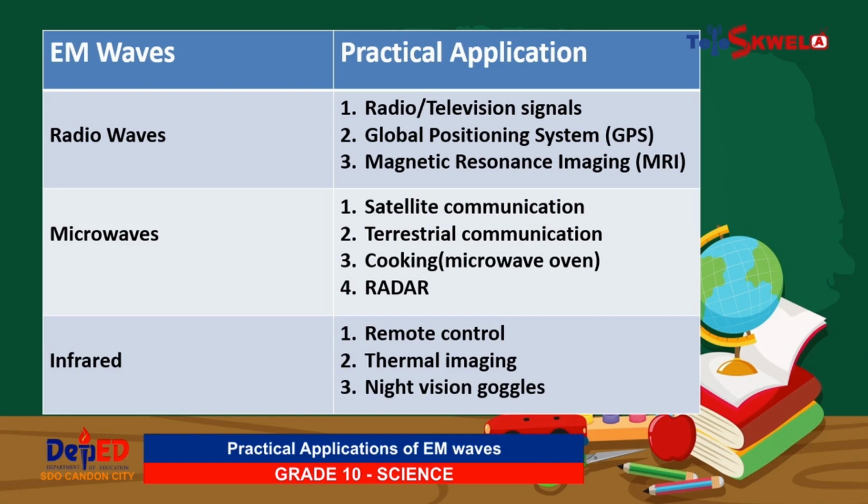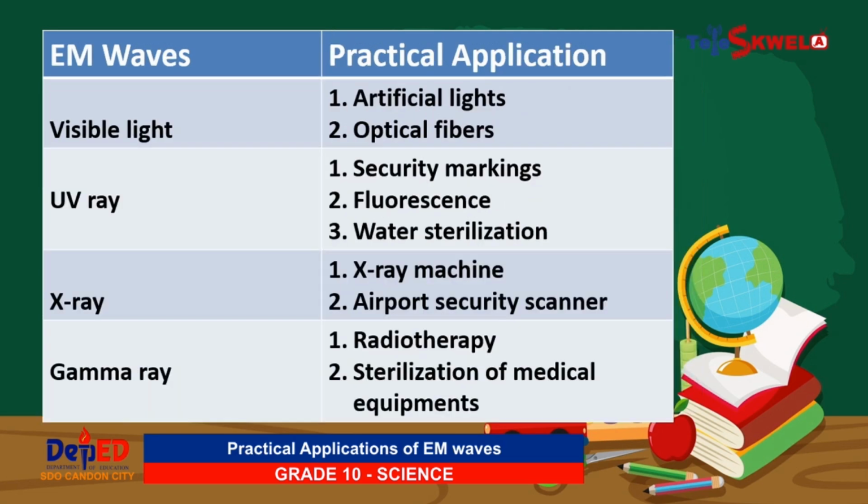Microwaves are used in satellite communication, terrestrial communication, and cooking. Infrared is used in television, computer and cellular phone screens, remote control, thermal imaging, and night vision goggles. Visible spectrum enables us to see things around, flashlight, lamp, and optical fibers.